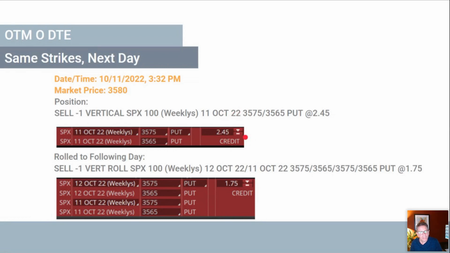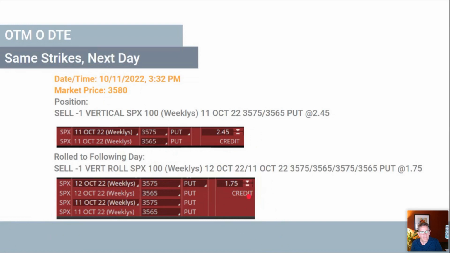So this is later in the day, because the risk is lower that it's going to breach. Obviously, if it's close to the money during the middle of the day, there's a higher chance that it's going to breach, rather than at the end of the day. All right, so in this case here, we did a roll for the same strikes going to the next day, and using the same strikes, I was able to get a $1.75 credit.